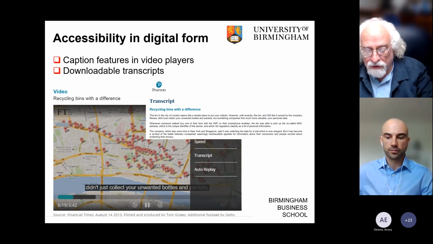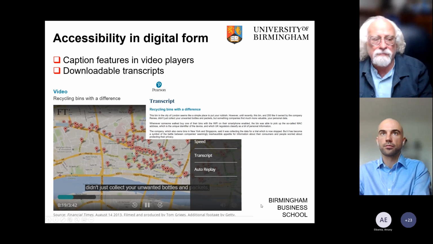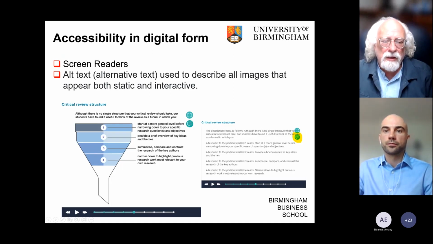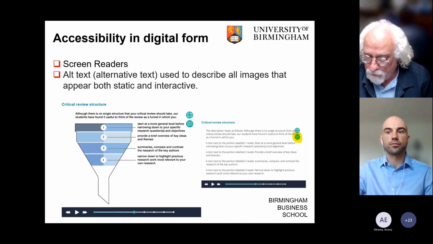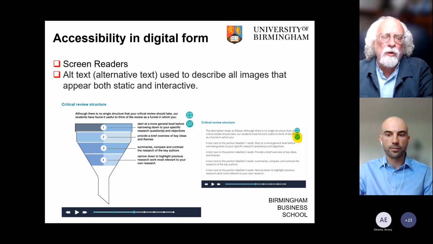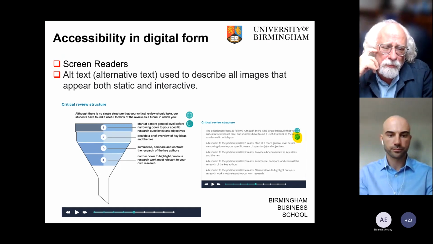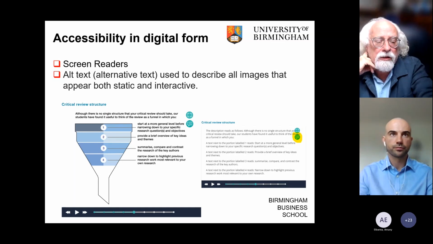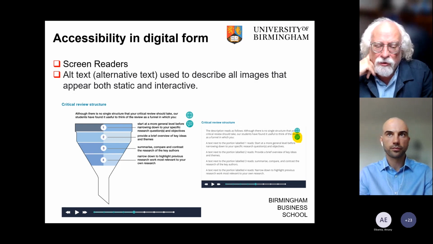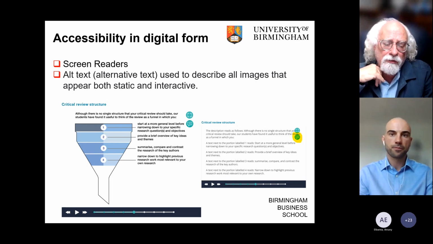If we could have the next slide, please. We've also used screen readers. So this is one from the Revel version, which is the online interactive version of the book. What we've got here is the screen picture on the left hand side, which is relating to literature reviews as a funnel.